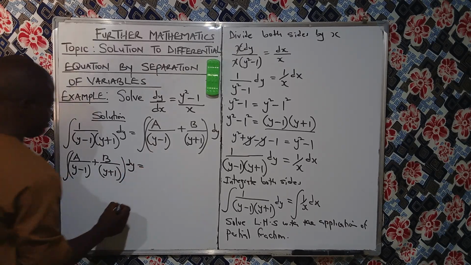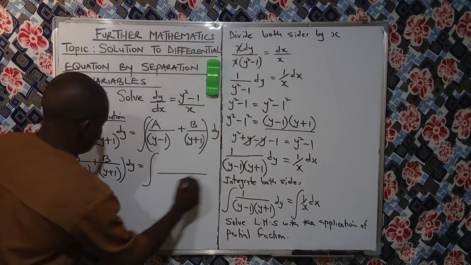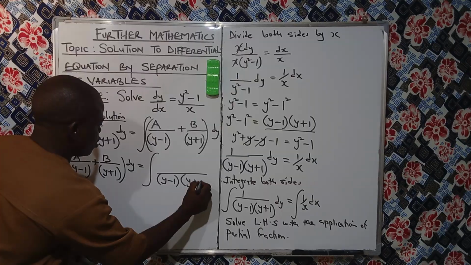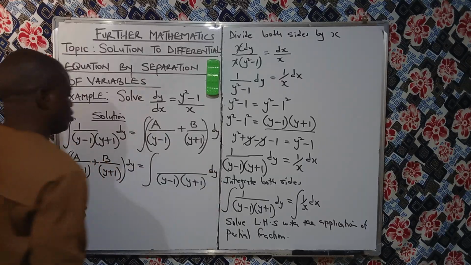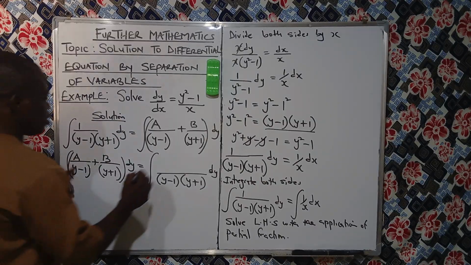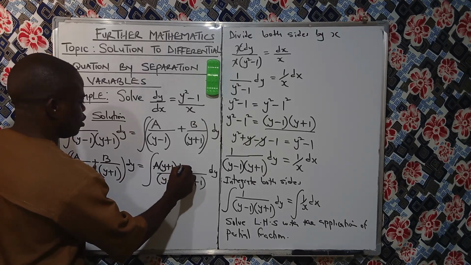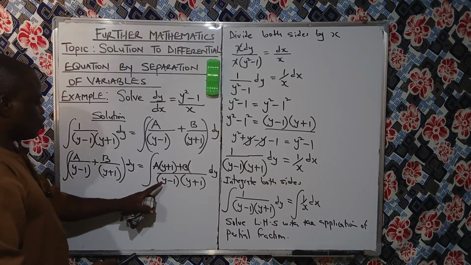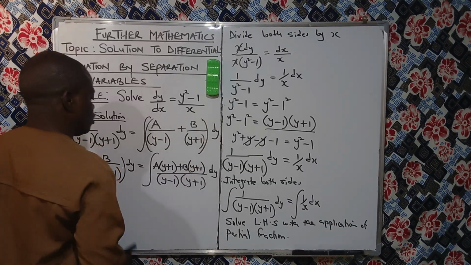dy equals, what's the LCM? Take y minus 1 and y plus 1 as the LCM. Now let's see, y minus 1 goes into y minus 1. We pick y plus 1 to multiply a, so a into y plus 1, plus b. Y plus 1 cancels y plus 1, use y minus 1 to multiply b, so b into y minus 1.